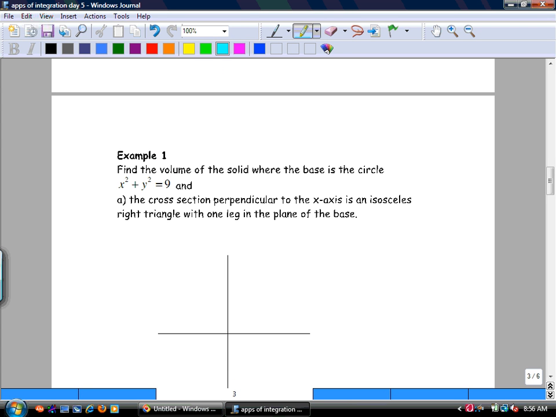So, find the volume of the solid where the base is a circle. So, I would like everybody to draw me a circle with a radius of 3, please. Everybody should be able to look at that and say, hey, that's a circle with a radius of 3. The cross-sectional area perpendicular to the x-axis is an isosceles right triangle with one leg in the plane of the base.